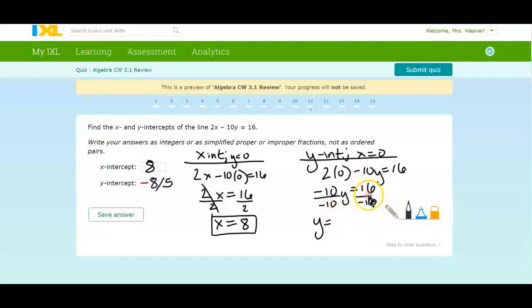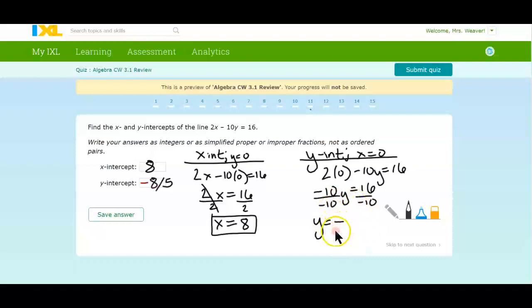So at this part, I'm looking at this. I have 16 divided by -10. And we could have some questions, well, what do I do with this negative in the answer? First of all, I have a positive divided by a negative, and a positive divided by a negative is negative. So the sign of my answer is negative.